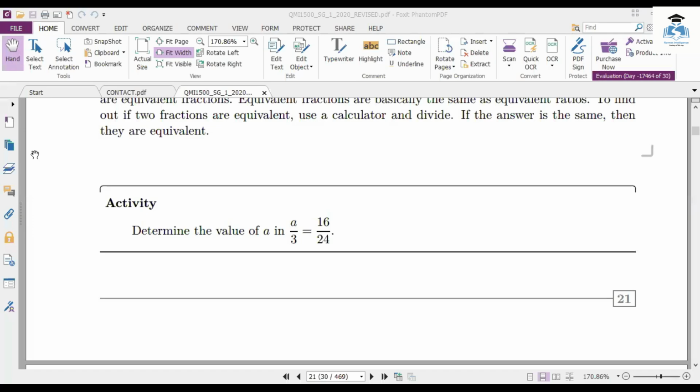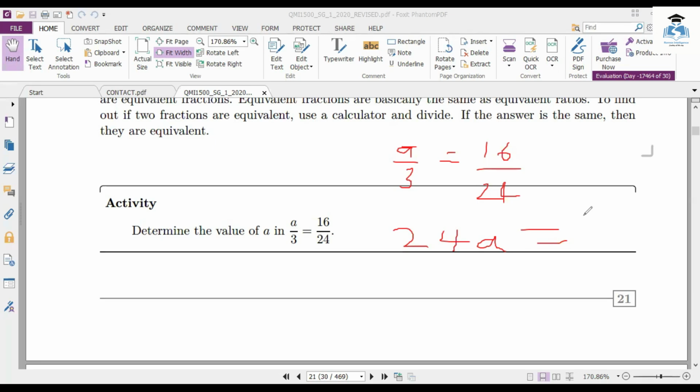Determine the value of A here. What do we do? A over 3 is equal to 16 over 24. We cross multiply. 24 times A is equal to 16 times 3.